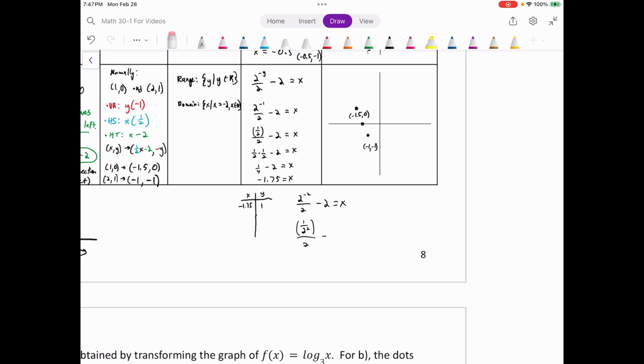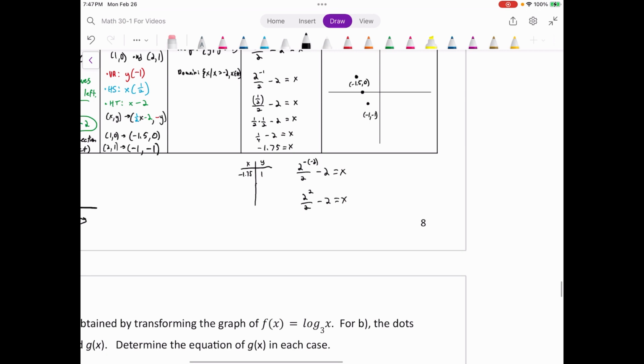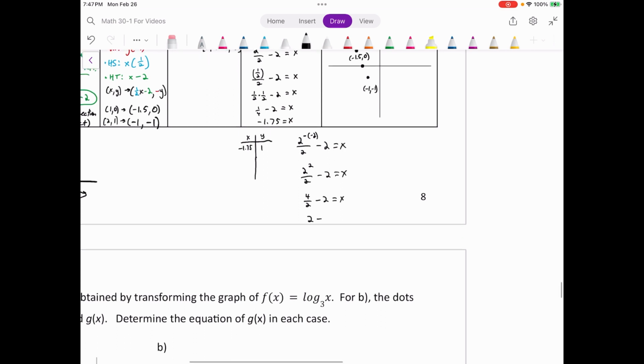Sorry, I said we were going to make y negative 2, and that is what I meant to do, but I forgot that it was 2 to the negative y to begin with. So if y is negative 2, we have 2 to the negative negative 2. So that's just 2 to the positive 2 over 2. Okay, 2 squared is 4. So 4 over 2 minus 2 is x. 4 over 2 is 2, and 2 minus 2 is 0. Whoops.